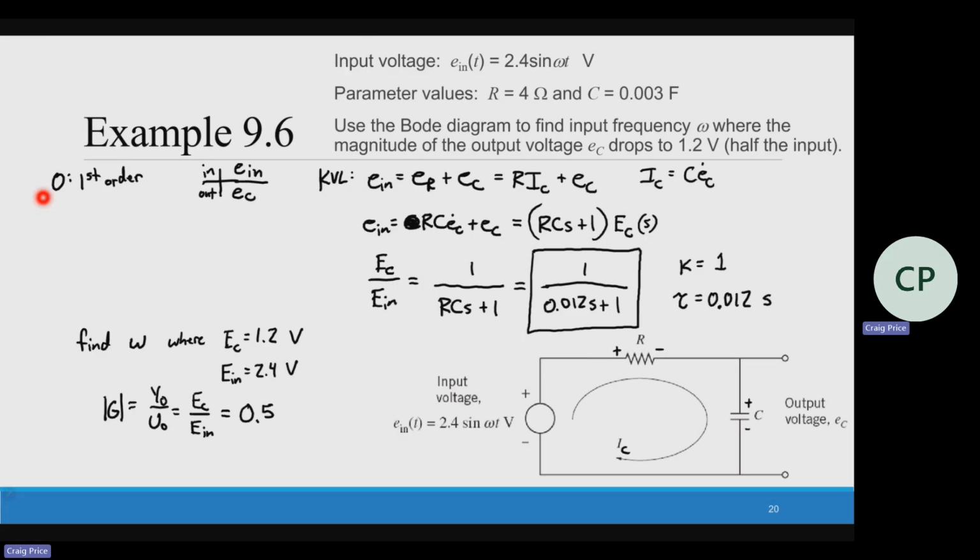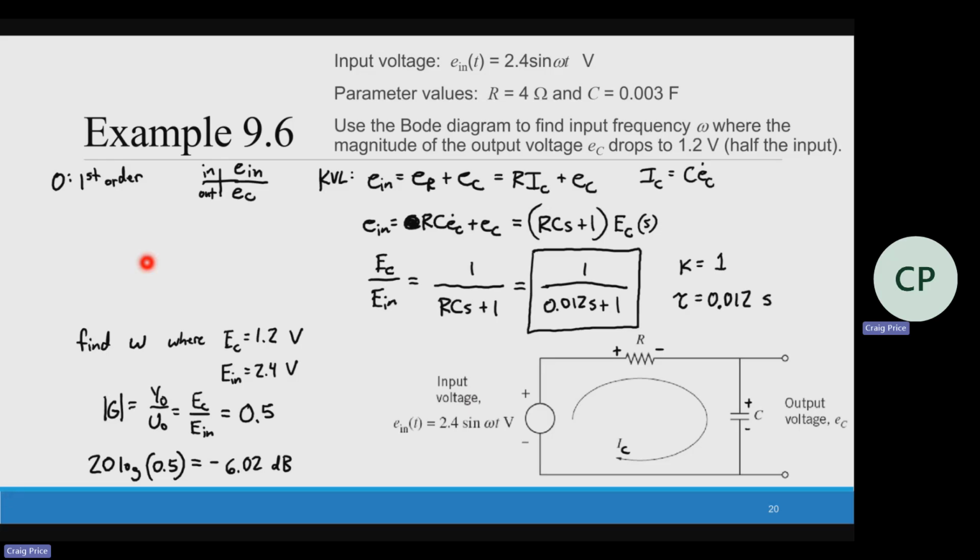What I first need to do is, now that I know I'm looking for a frequency where my output is half of the input, that means amplitude ratio of 0.5. 20 log of 0.5 is got to be some kind of negative number. So we're doing it right now. It is about the same, isn't it? That's crazy. So we got 20 log of 0.5 is negative 6 decibels.